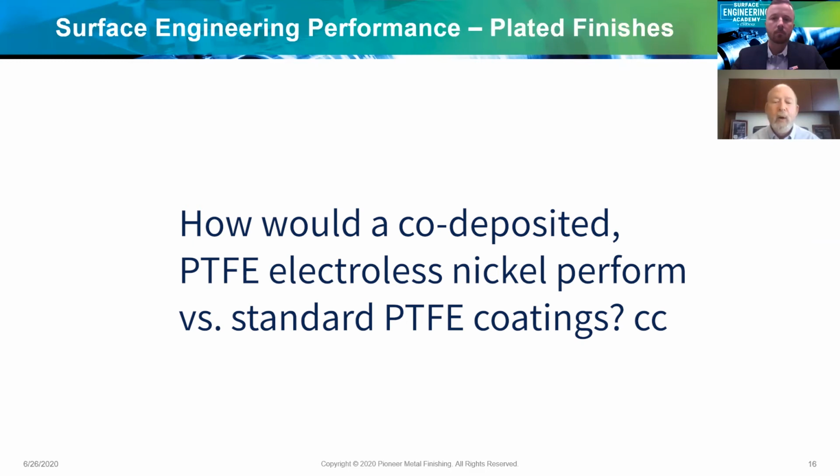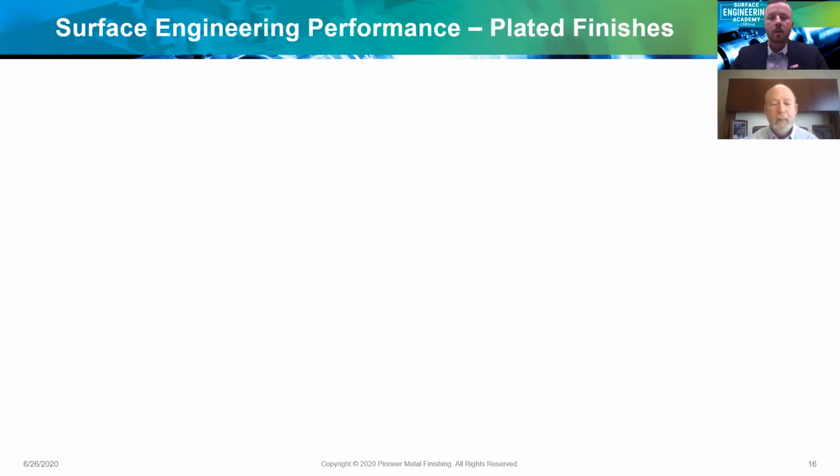So the co-deposited PTFE can have 4 to 5 times the wear resistance and better overall uniform coverage. And now you also have the chemical resistance and the hardness, a lot of much better attributes than standard PTFE alone. Next question coming in, Steve.